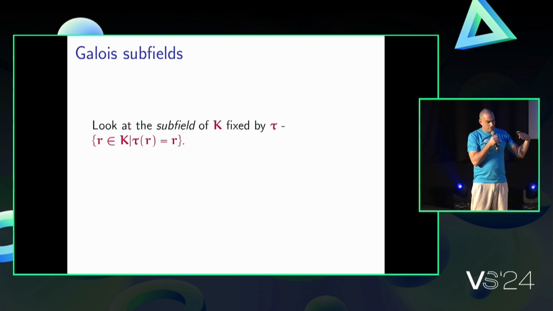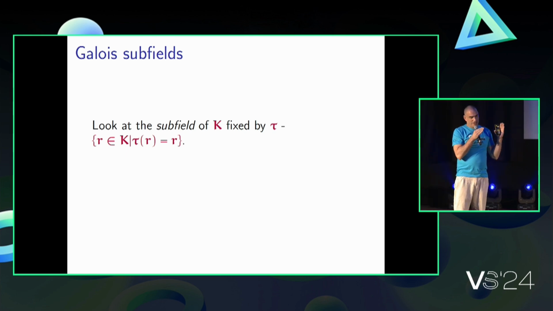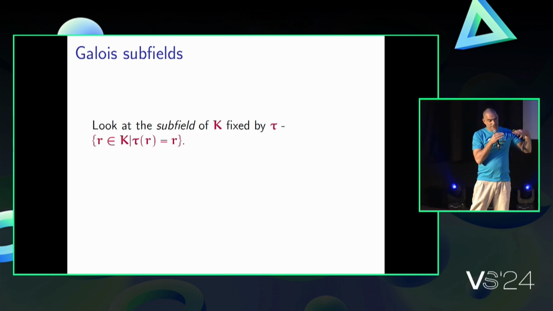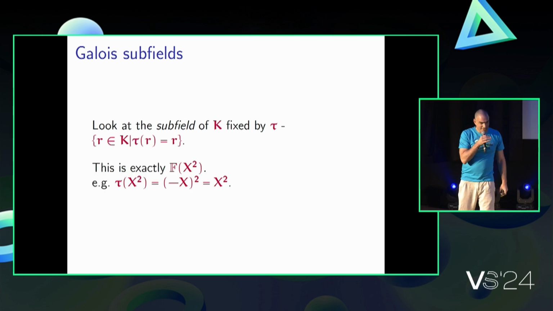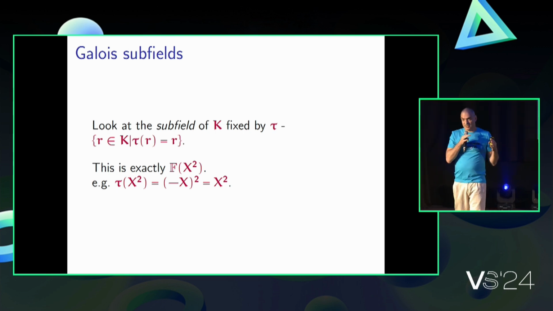Okay, so now we need to do two more steps to get our 2-to-1 map. The first thing, we're going to look a lot at subfields, at what's called Galois subfields. Specifically, we're going to look at the subfield of K that is fixed by tau, so all the elements such that tau of R is simply R. And you can check that this is f of x squared, so all rational functions in x squared.